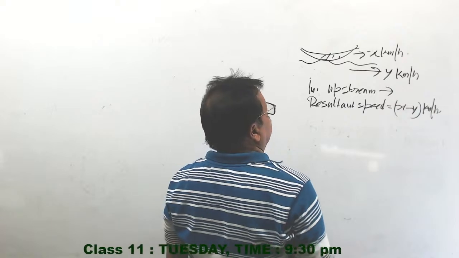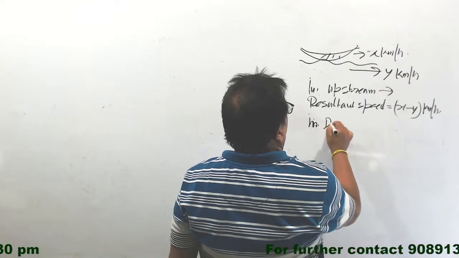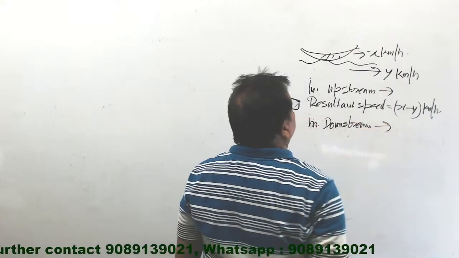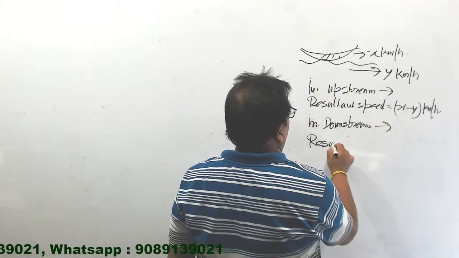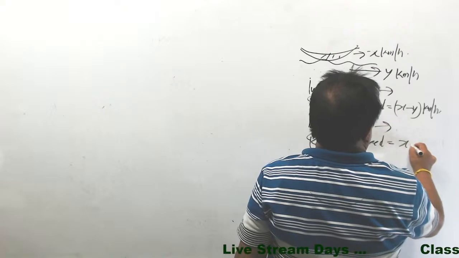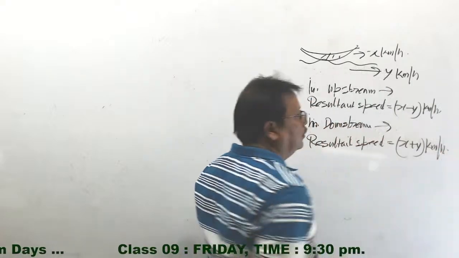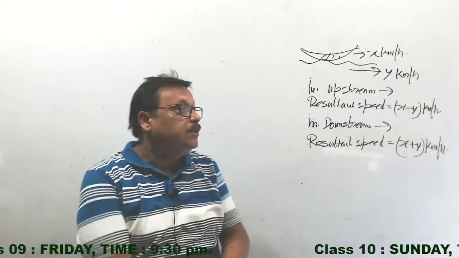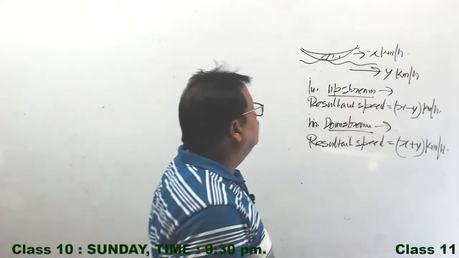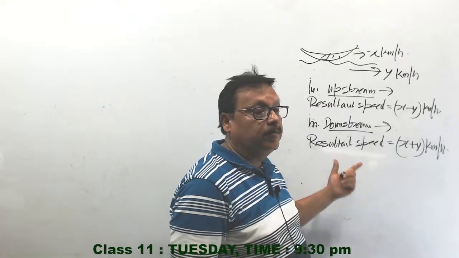In downstream, the resultant speed is x plus y kilometer per hour. Okay, this is the resultant speed of the boat in downstream and upstream.